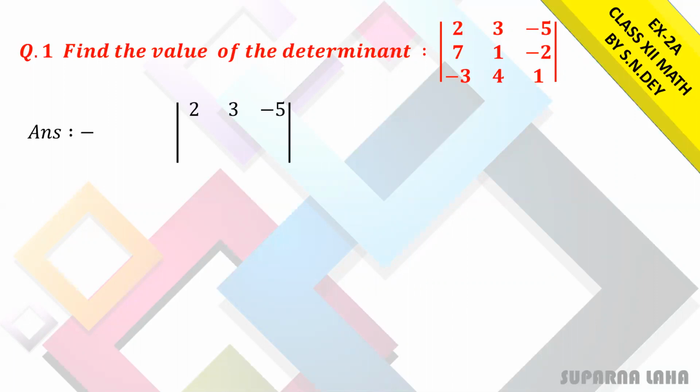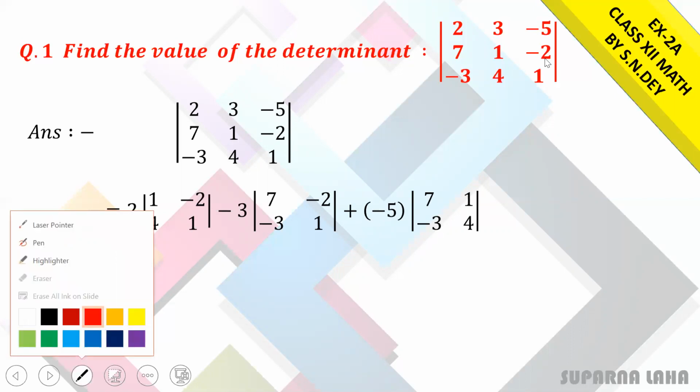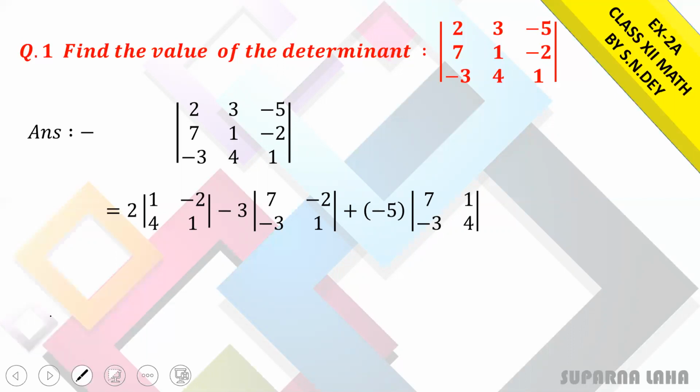So here I'm expanding this determinant with respect to the first row. Now you know how to break this determinant, still I'm explaining again. Look here. First row, first column: remove this and the remaining terms are 1, minus 2, 4, 1.